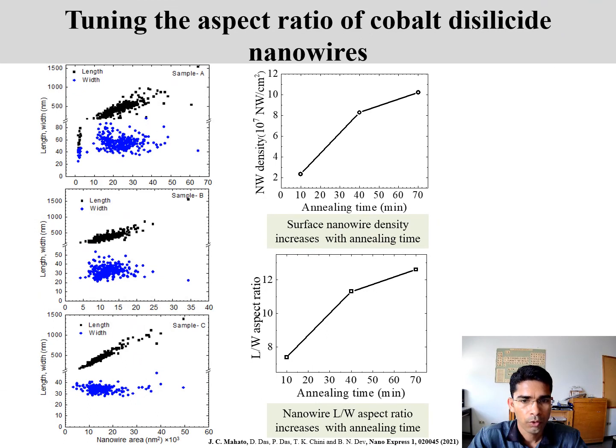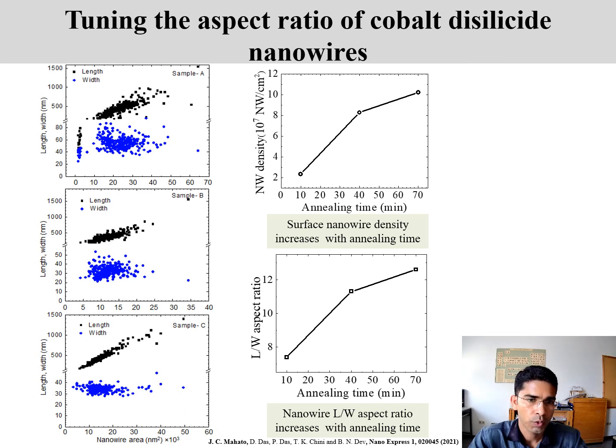To look closely at what is happening, we have plotted the length and width with the area of the nanowire, and we find that indeed in the first set of samples there is a group of nanostructures whose length and width are the same or close to the same, but there is a gap, and the length and width are distributed.